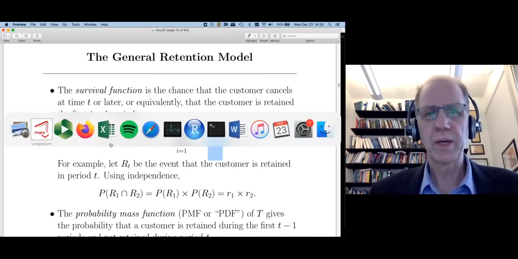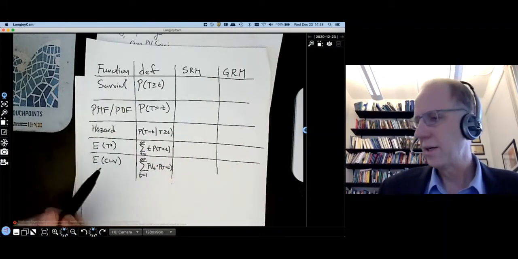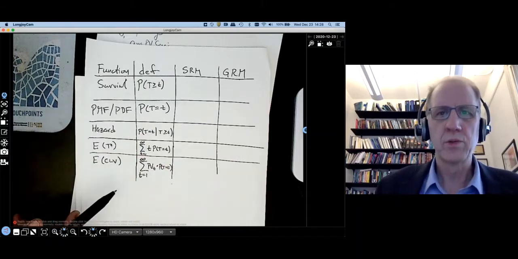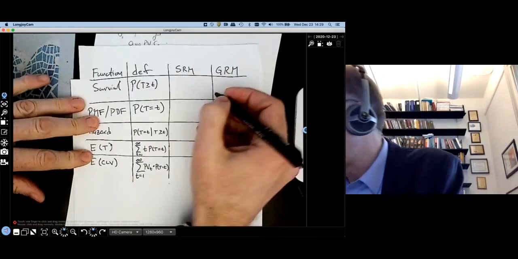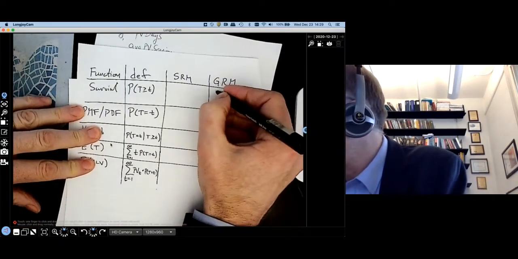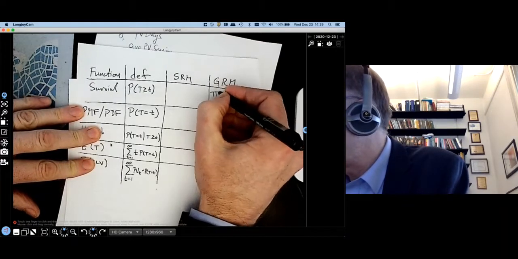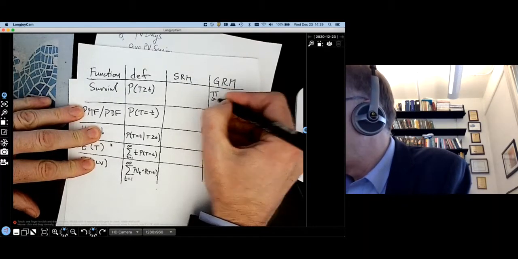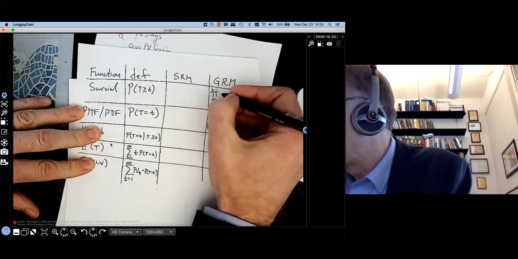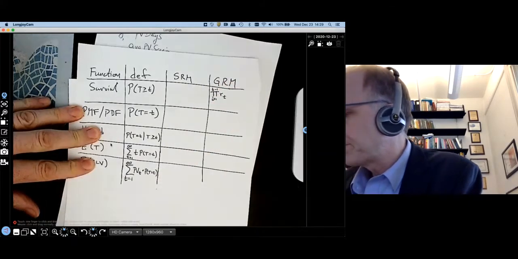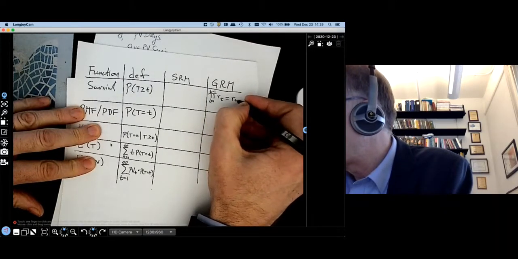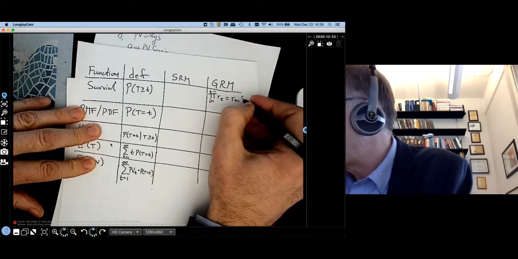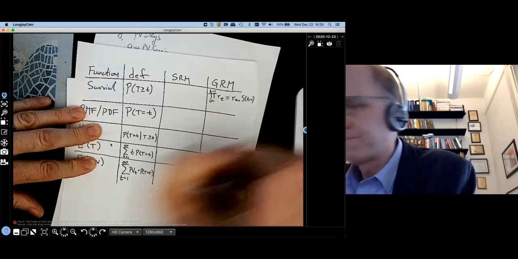I'm going to go over to my document camera, and I've made what I think is a really useful summary table. And why don't we just start dropping in these functions. So for the general retention model, this is going to be the product from period 1 to t minus 1 of R sub t. But we can think of this as R sub t minus 1 times S at t minus 1.